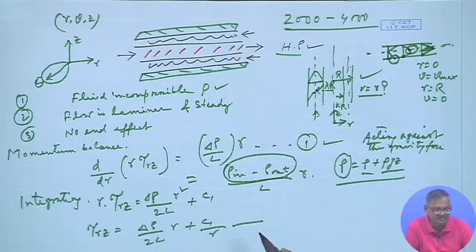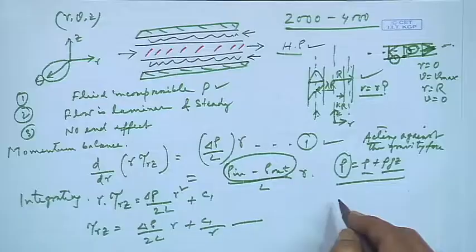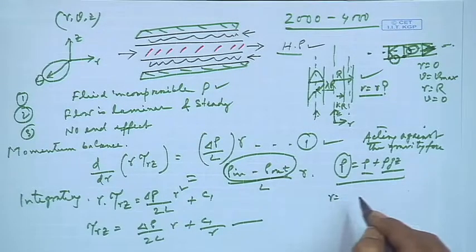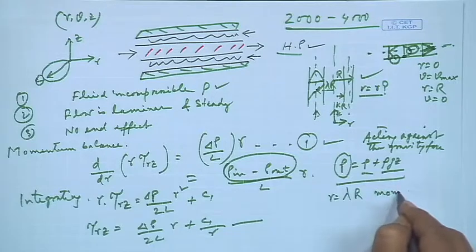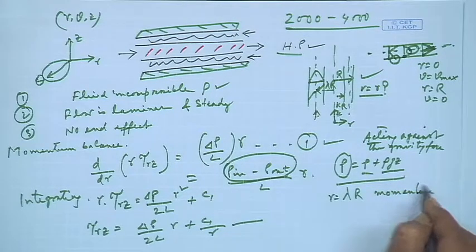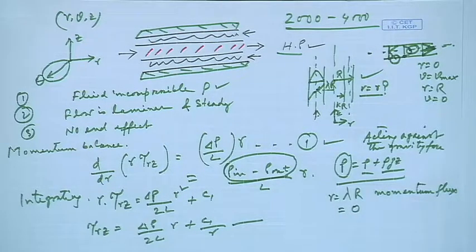So, here we can say at r equals lambda r, the momentum flux will be equal to 0. Similarly, at r equals lambda r, we will also see that velocity becomes V max.